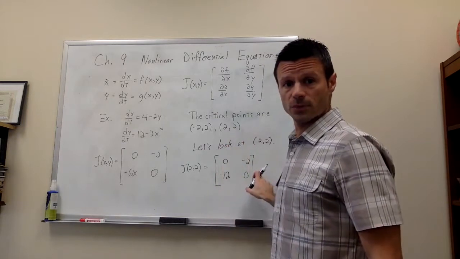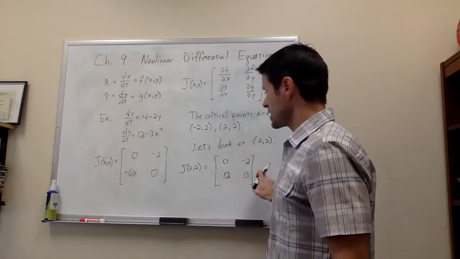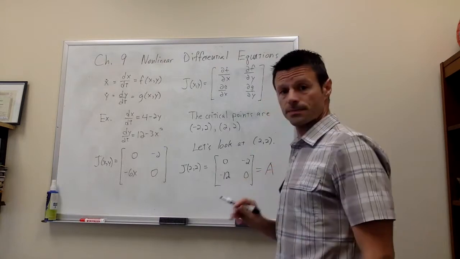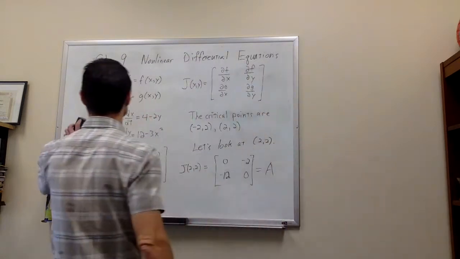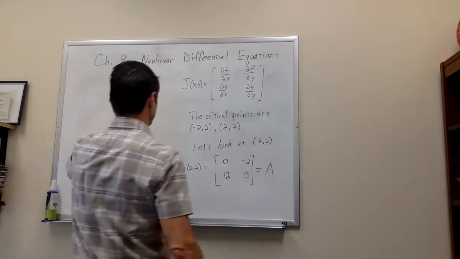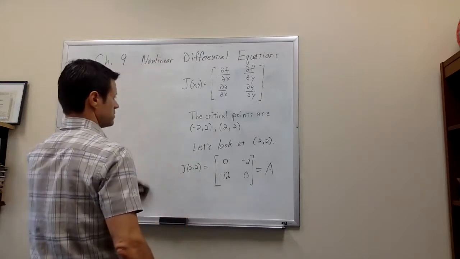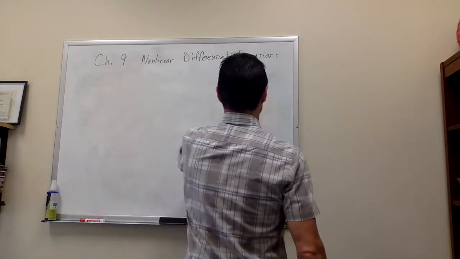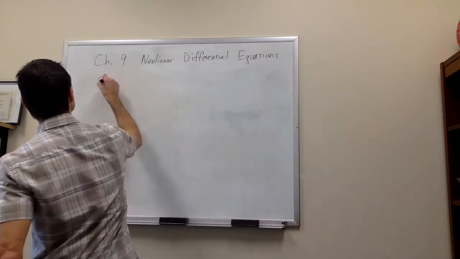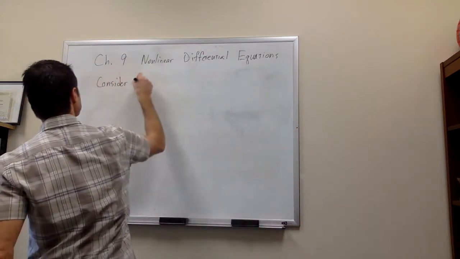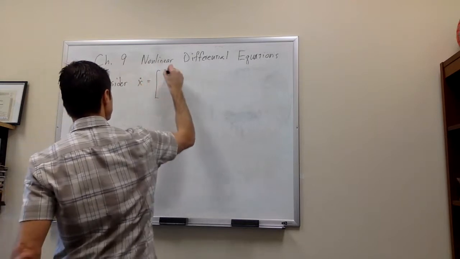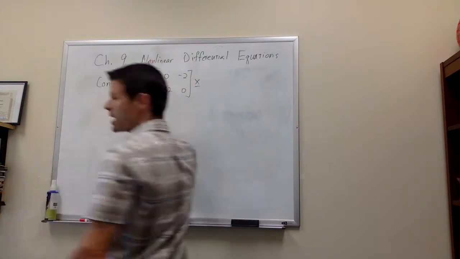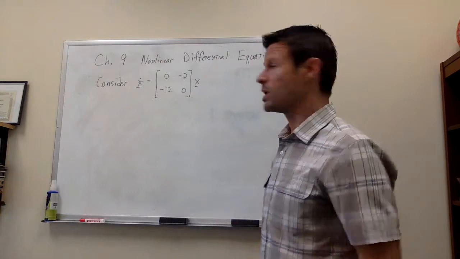This is A. So let's take a look at that system x dot equals Ax, where this is A. Here I'm using the vector x to represent both x and y.